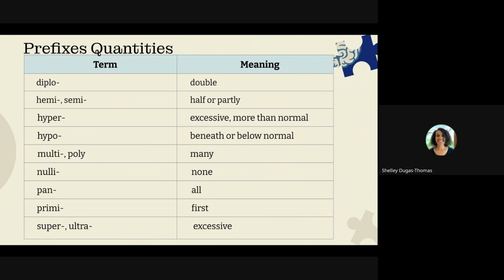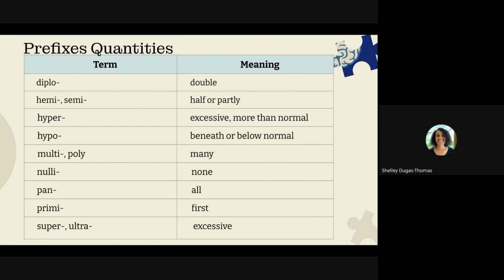Hemi versus semi. A patient recovering from a stroke might be experiencing hemiplegia, paralysis of one half of the body. Multi versus poly. Polyuria means passing excessive amounts of urine. Primi versus nulli, often used in obstetrics.